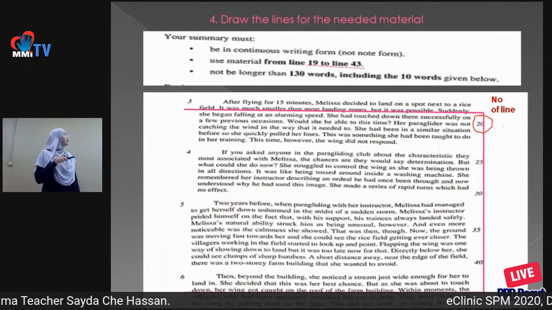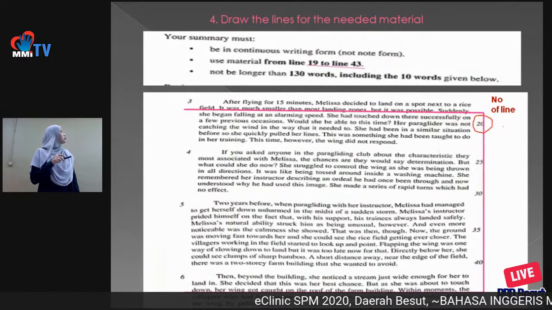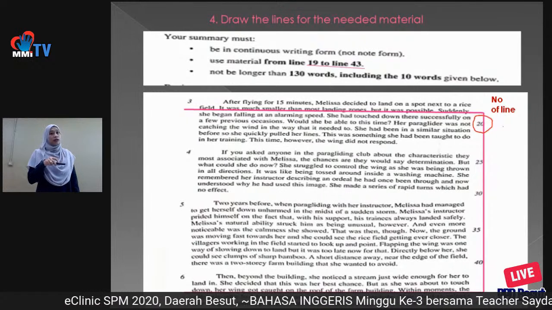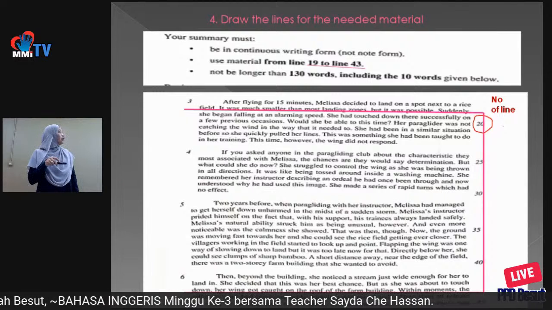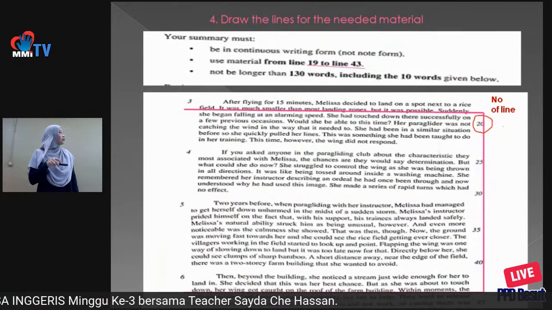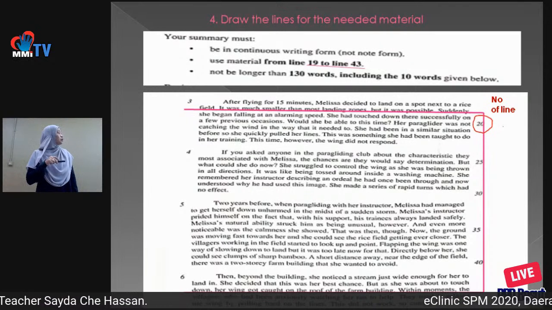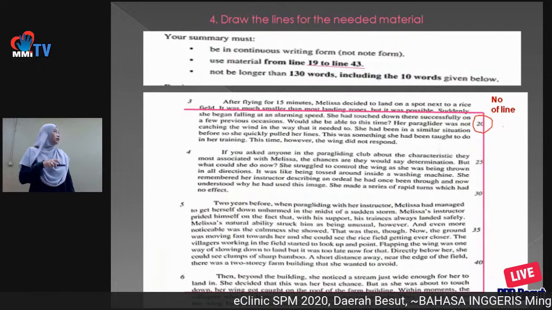And 43, how, teacher? Where do we draw the line? After 43. So before 19, after 43. Before line 19, up to down after line 43, because we are using line 19 to 43. So 19 we are still using, 43 we are still using.